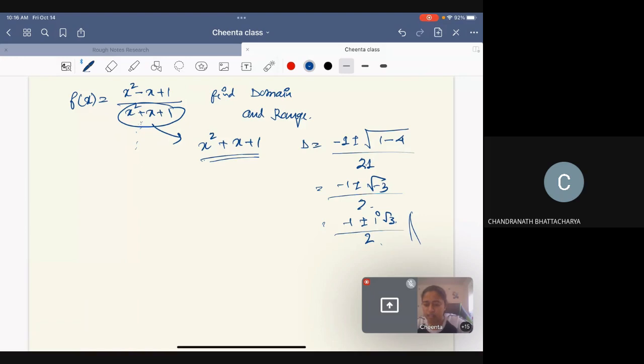Ma'am, f(x) is equal to 1 minus 2x by x square plus x plus 1.